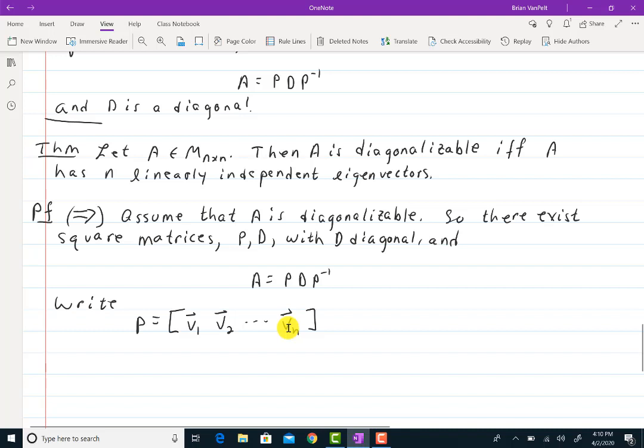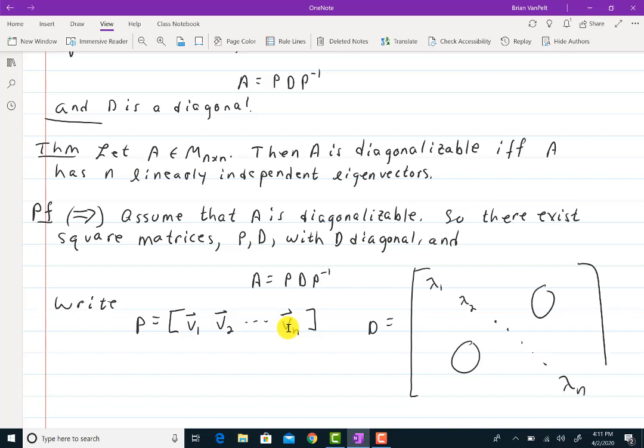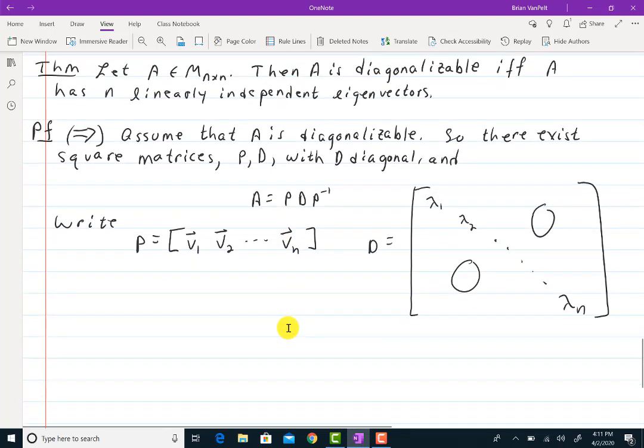D, what I'm going to do with D is let that equal lambda 1, lambda 2, lambda n, but everywhere else it's 0. So it just has entries on the diagonal. Remember, I haven't mentioned them as being eigenvalues yet, but some of these lambdas could in fact be 0, so keep that in mind.